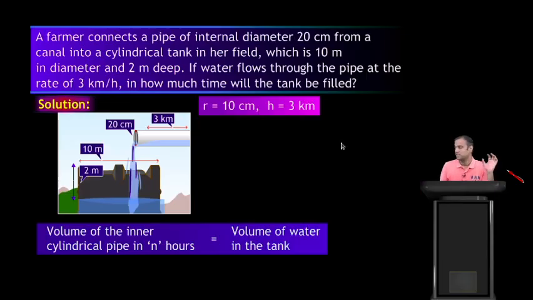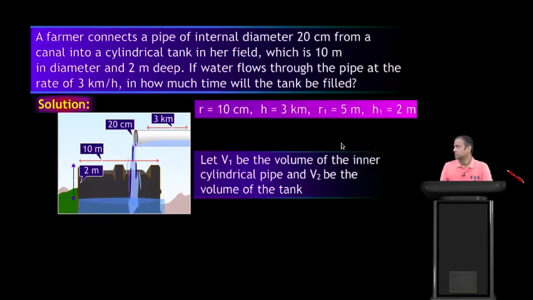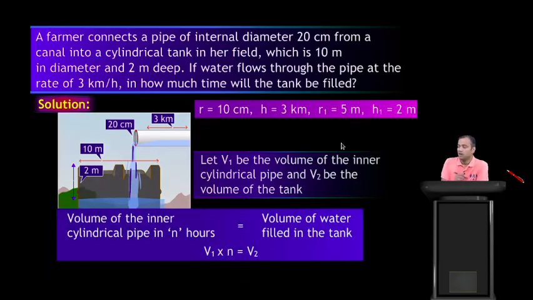And the volume of the inner cylindrical pipe in n hours is equal to the volume of water in the tank. So here we can use all these values given to us. Let V1 be the volume of the inner cylindrical pipe and V2 be the volume of the tank. Now the volume of the cylindrical pipe is multiplied by n, which is time, because we are finding V1 for 1 hour only.